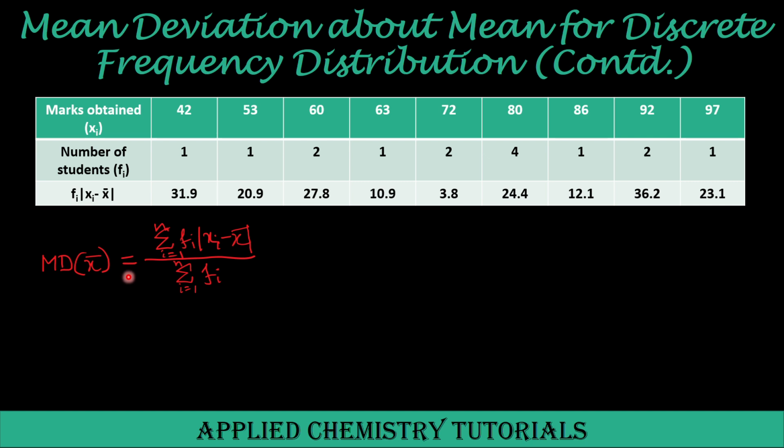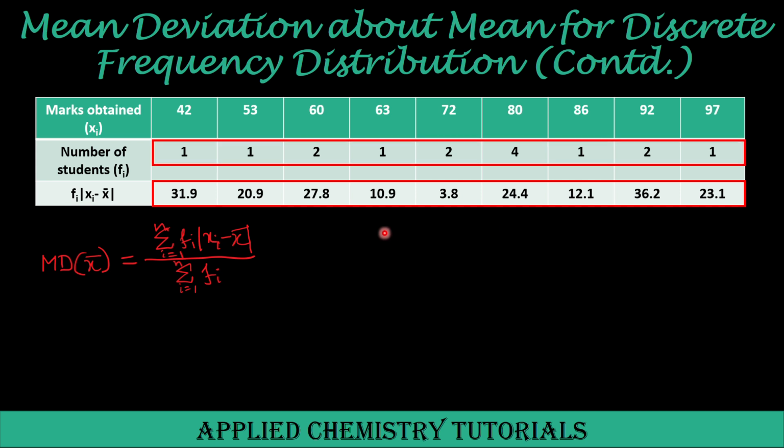MD x bar equals summation of fi mod xi minus x bar from i equals 1 to n divided by summation of fi from i equals 1 to n. We have all these terms mentioned in the third row, and we can add them up and put them into the numerator. Similarly we have all the fi terms here in the second row, and we can add them up and put them into the denominator.